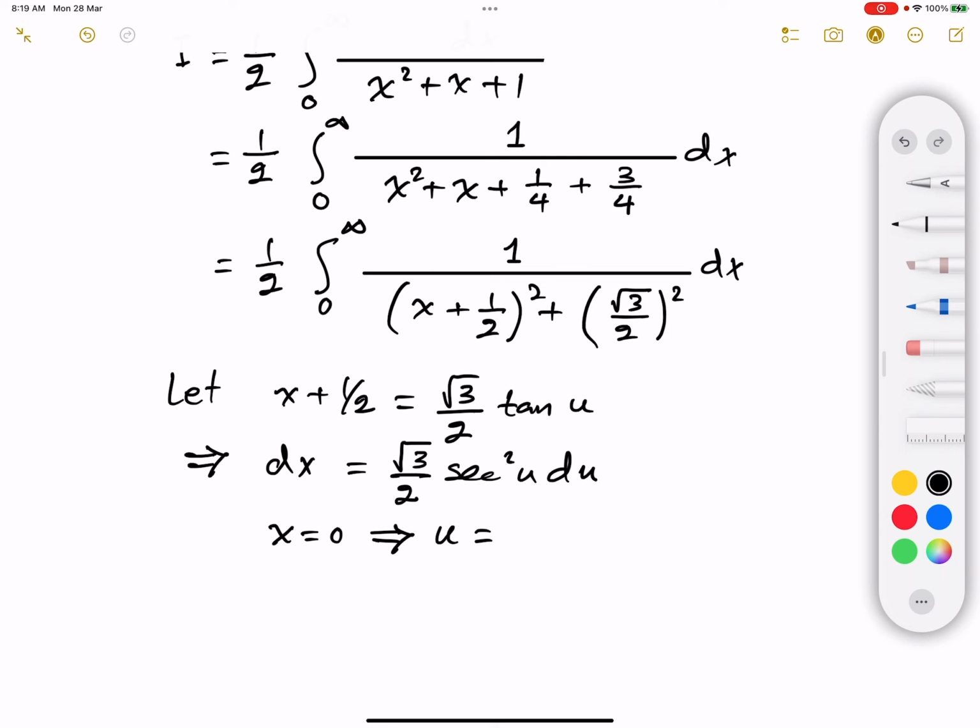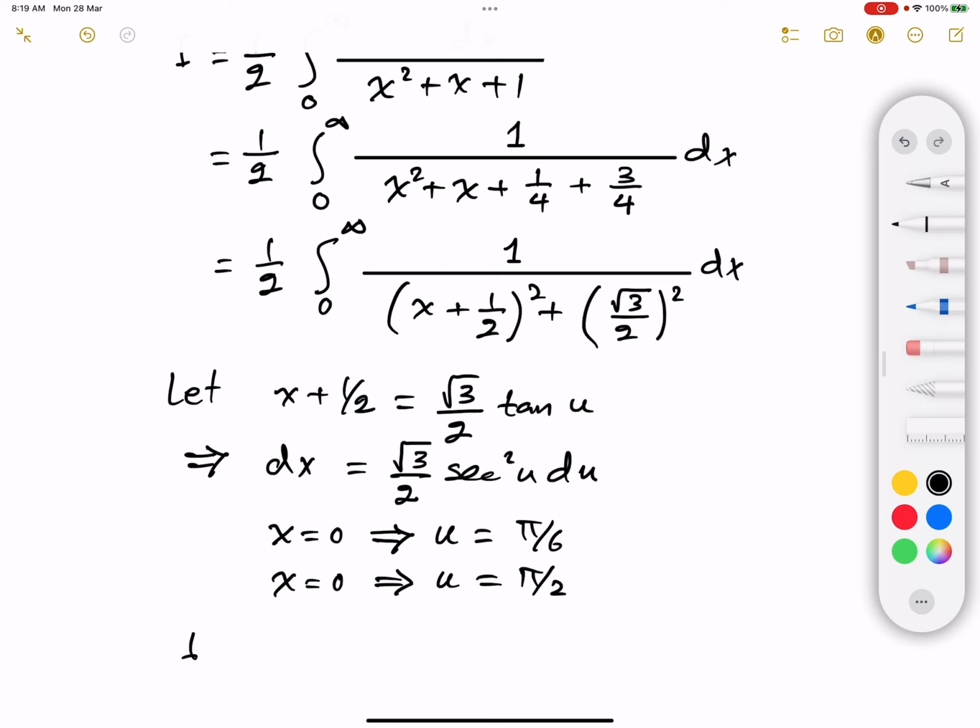We need to find the tangent inverse of 1 over the square root of 3. So that would give us pi over 6. And then when x is equal to infinity, tangent is going to be equal to infinity, and that would give us u equals pi over 2.